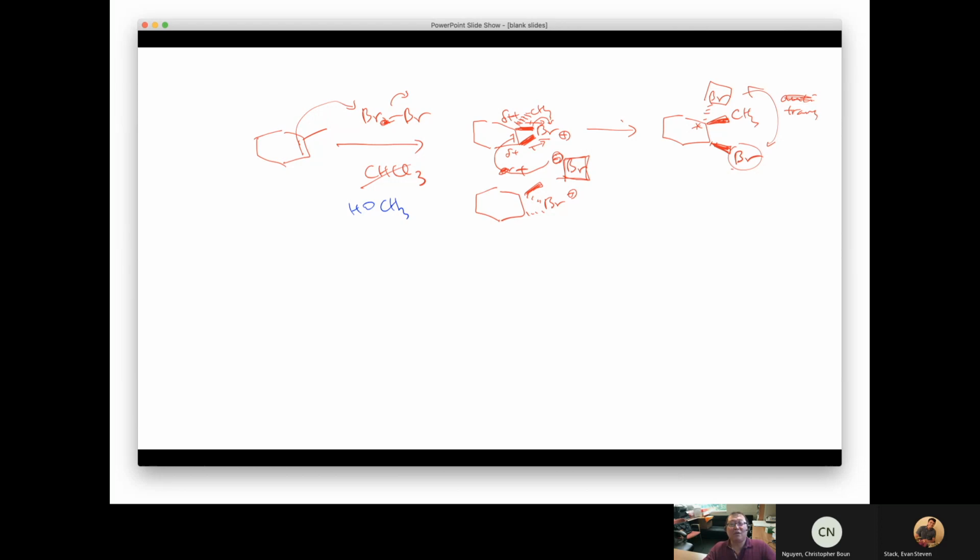Then this brominium ion will form just the same, but now the system has another choice of a different nucleophile, like methanol. Methanol is not a good nucleophile, but being a solvent, it outnumbers the bromide. So it has a better chance to attack than just a small amount of bromide left out going back for the target.